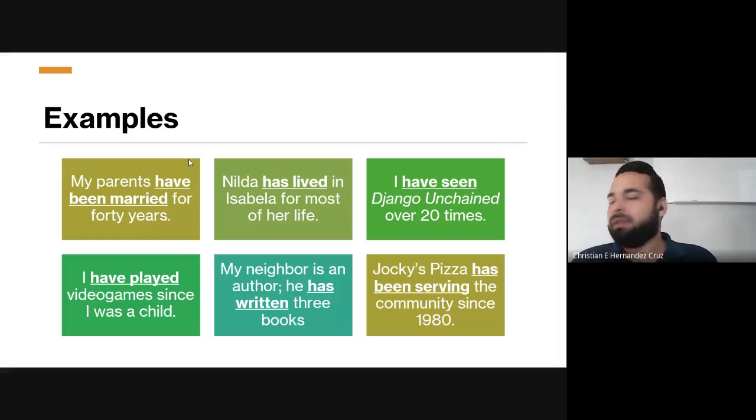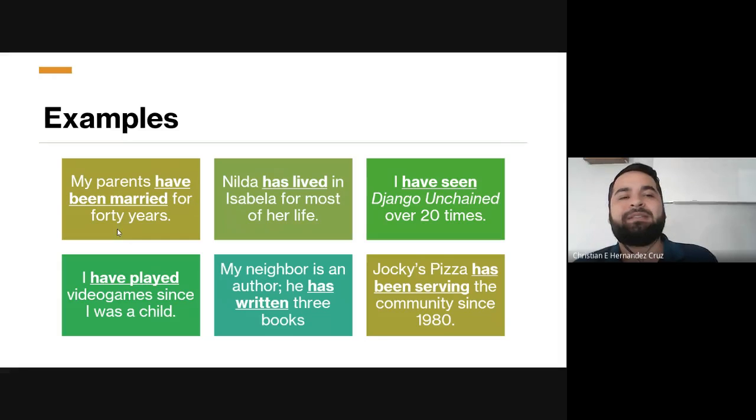So, for example, we have the example, my parents have been married for years, and you can notice that the verbs are underlined. So, let's take a look at those verbs one by one, in each example, I mean. So my parents have been married for 40 years. So we have the main verb marry, which is in past tense, even though we are talking about the present.